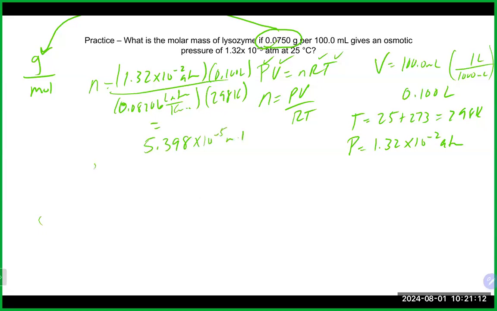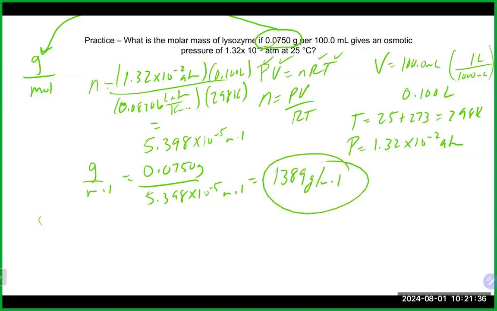Now our molar mass will be our grams per mole, so 0.075 grams divided by our moles. That's going to get us about, we'll call it 1,389 grams per mole in this case.